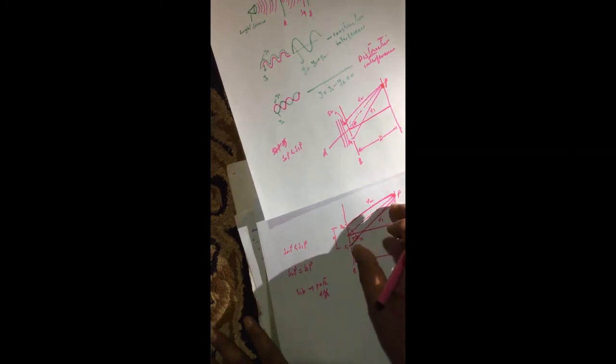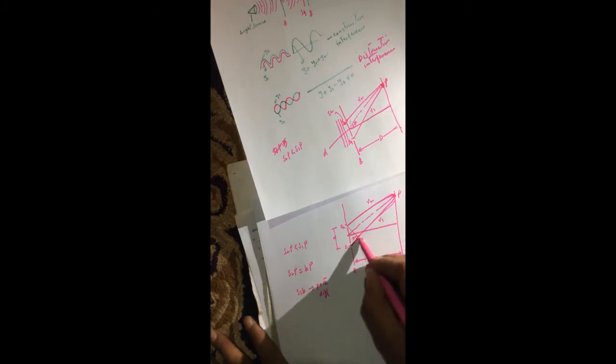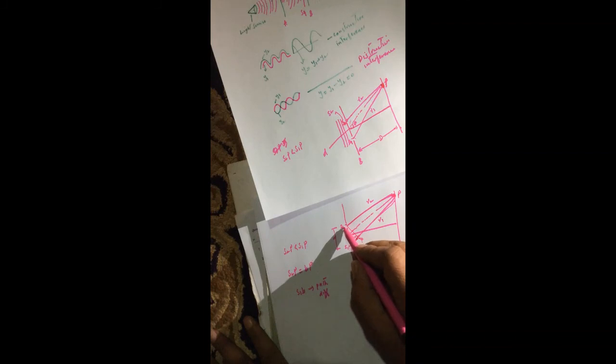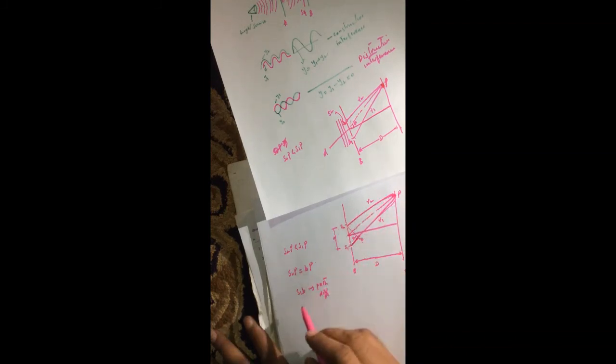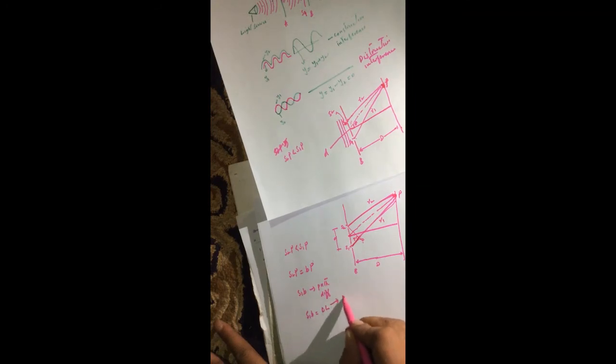Ray R1 travels this distance S1B more than ray R2. So this distance S1B is called the path difference. I call it delta L, which is basically the path difference.